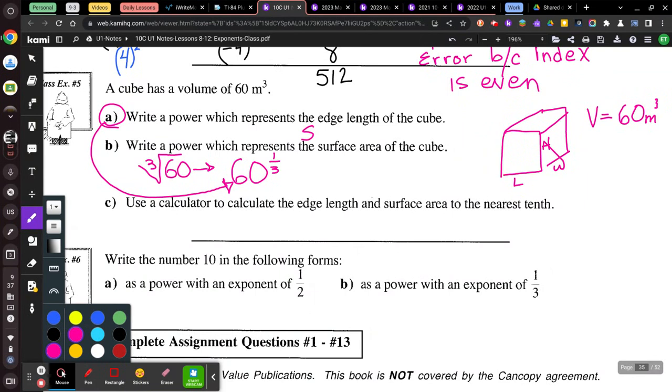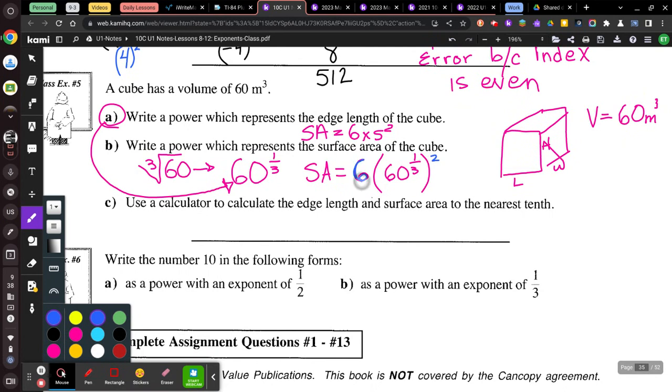So my surface area equation for a cube is going to be 6 times side squared, which is basically length times width, but it's side squared because it's the same number. So my surface area equation would look like 6 times 60 to the 1/3 all squared.